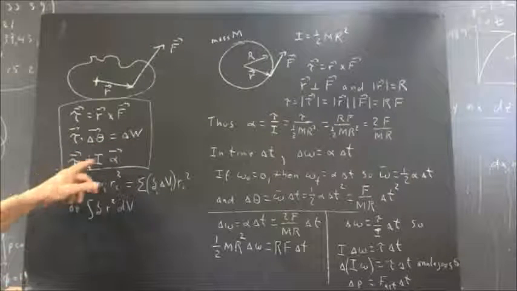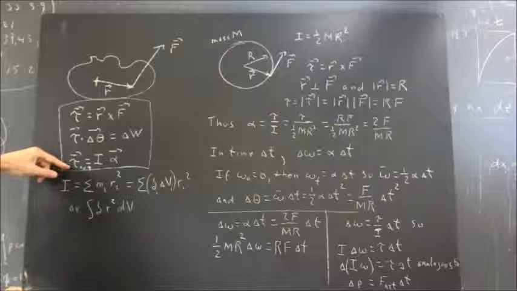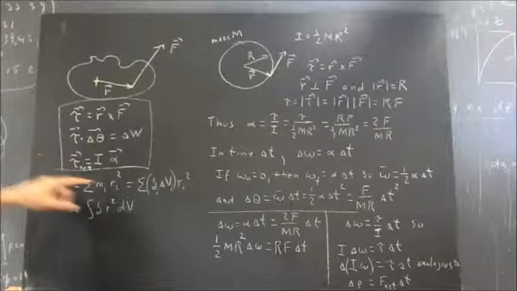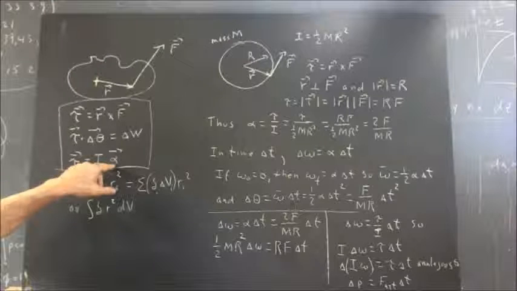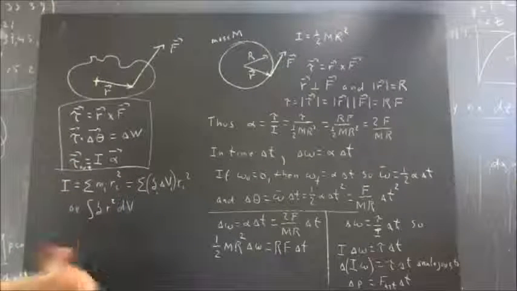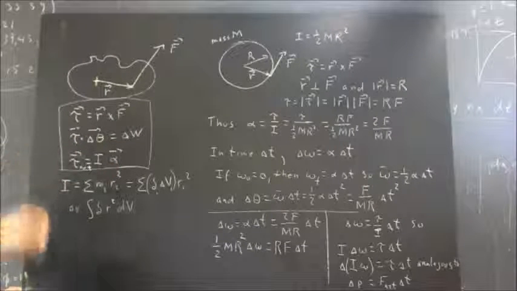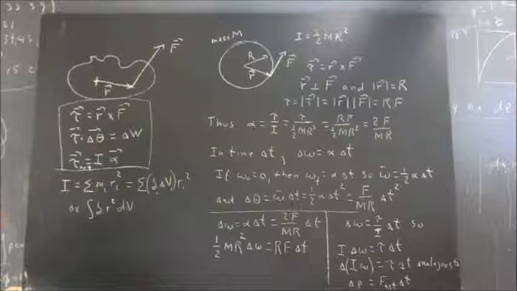And tau net equals I alpha. Well, this is what gives you an angular acceleration. It's analogous to a force, and I is analogous to a mass, and your alpha is then analogous to linear acceleration. The units are slightly different, and the quantities have different meanings, but it's very much analogous.